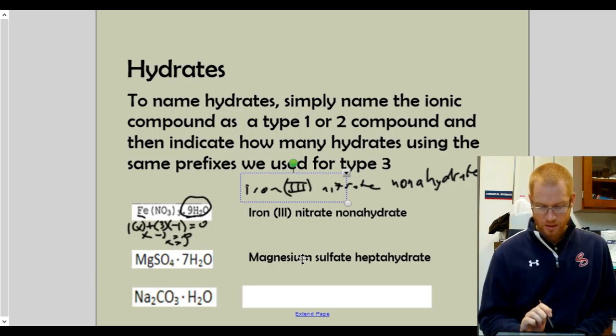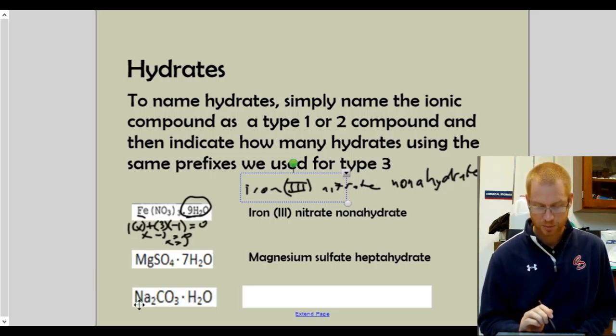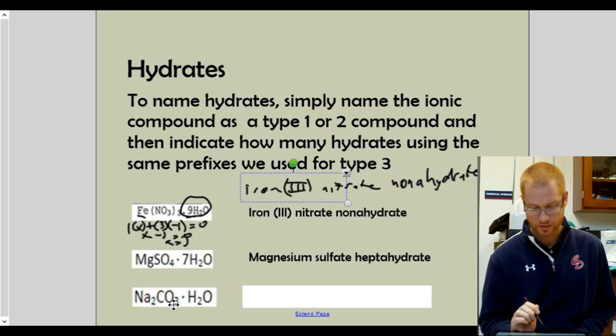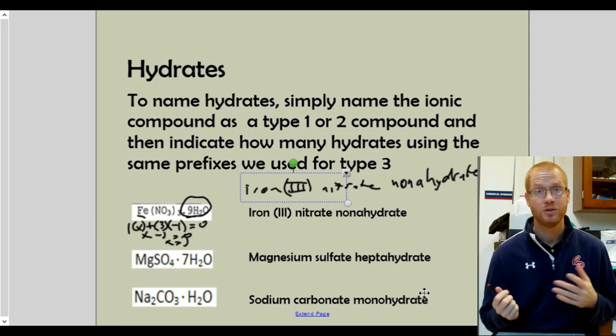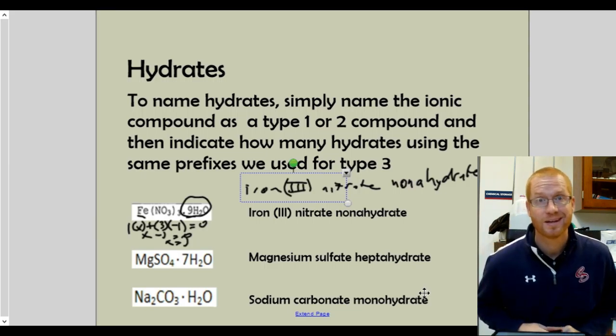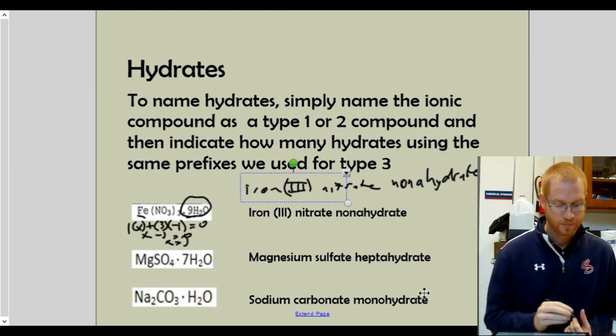And then the last one, Na plus, type 1 compound again, sodium carbonate, and 1 water, so it's sodium carbonate monohydrate. If you can do type 1 and 2, all you're doing is tacking on that hydrate onto the end of it, and however many hydrates there are.